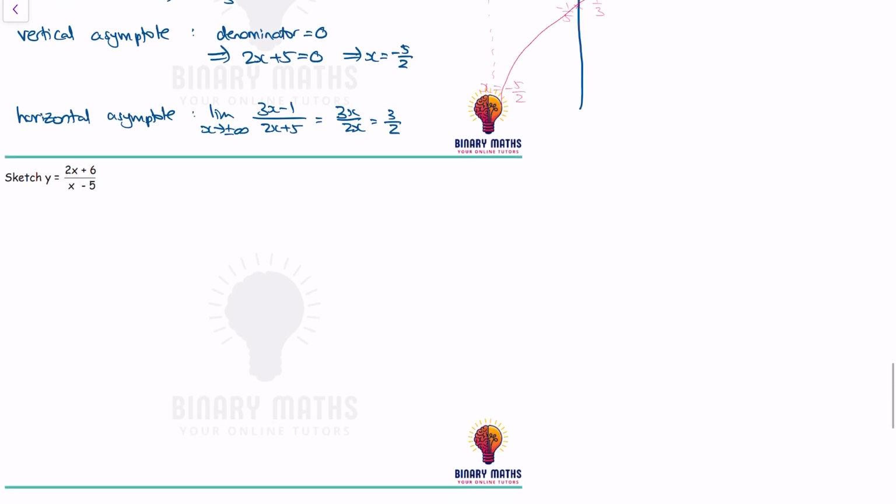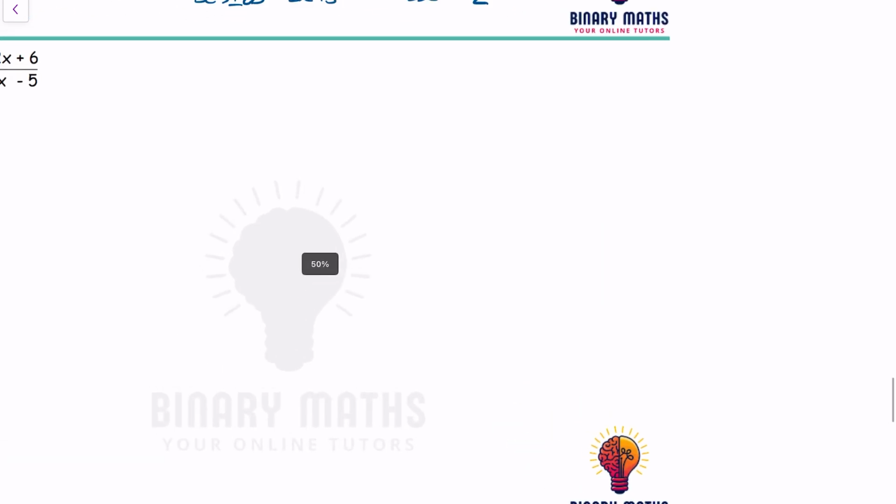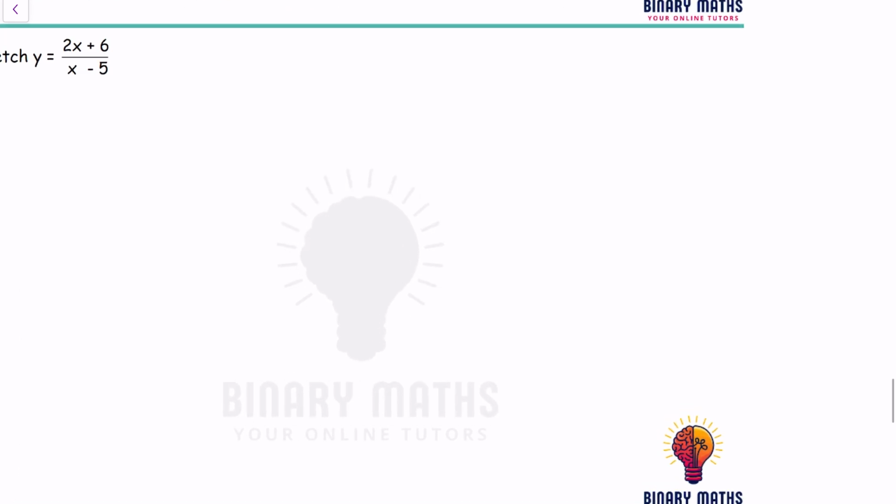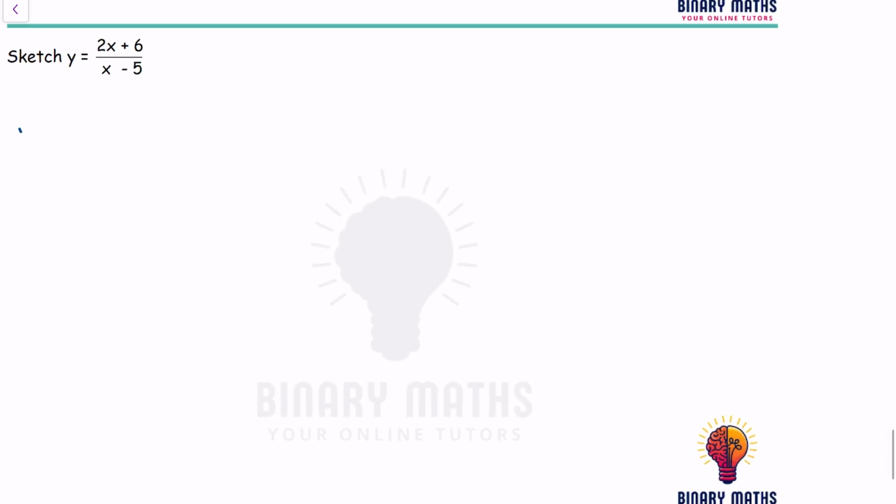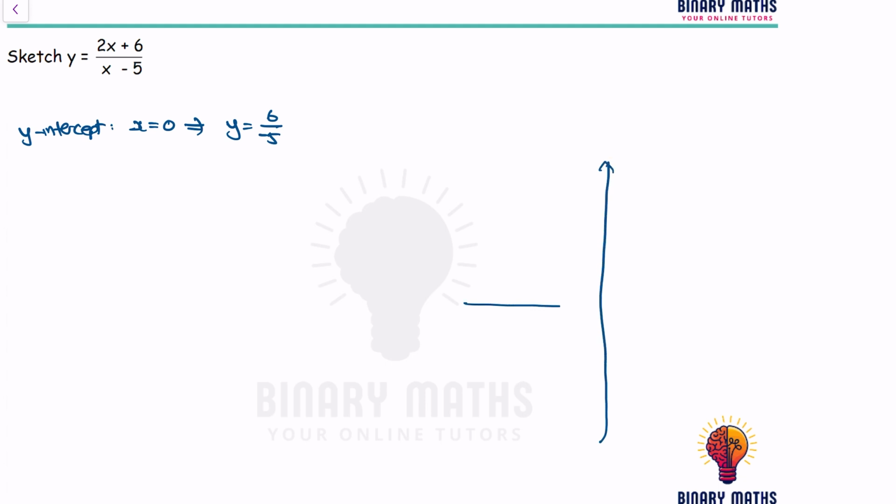Let's look at the next example. Again, I need to first work out the y-intercept, which happens when x equals 0, which implies y equals 6 over negative 5. So if I were to sketch it out, y equals negative 6 over 5 is my y-intercept.